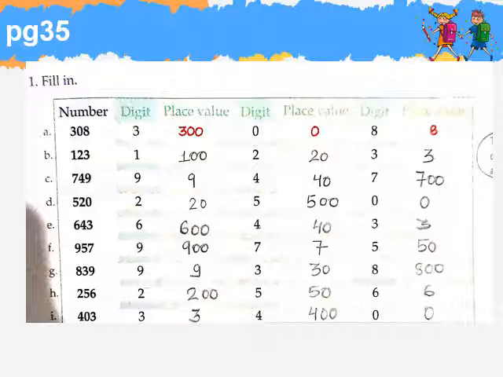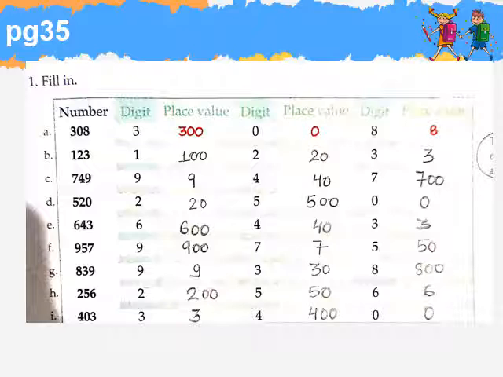Now H part, the number is 256. Children, first you have to find out the place value of digit 2, as digit 2 is at hundreds place. So its place value is 200.